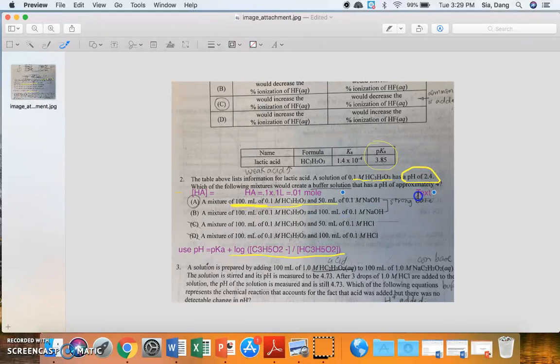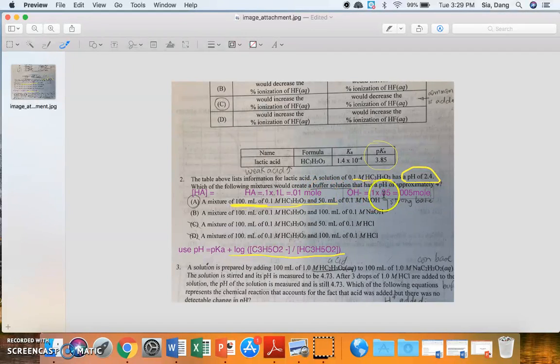Here, NaOH is a strong base, so we'll just say OH minus. It's still 0.1 molarity, times 0.005 liter. That gives you 0.005 mole.